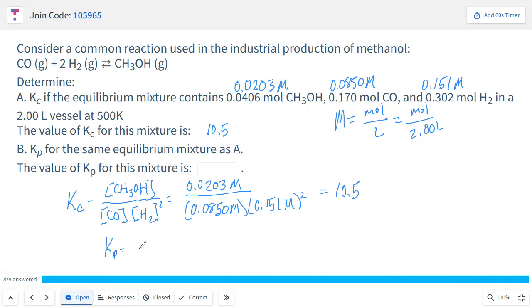Kp is equal to Kc times RT to the power delta n. So 10.5 times the quantity of 0.08206 times 500.